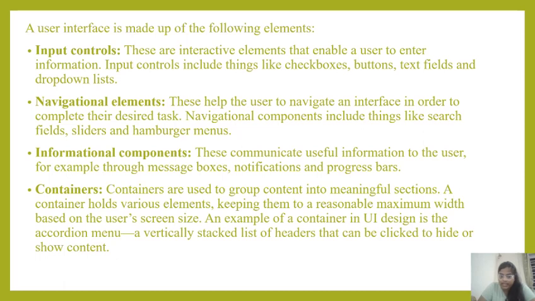And next are the containers. These containers are used to group content into meaningful sections. A container holds various elements, keeping them to a reasonable maximum width based on the user's screen size. An example of a container in UI design is the accordion menu, a vertically stacked list of headers that can be clicked to show content.